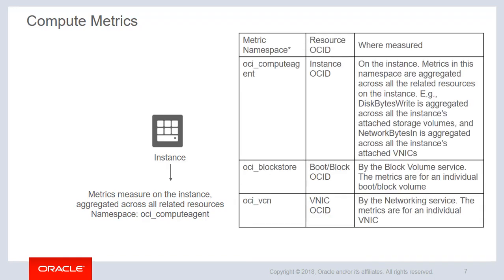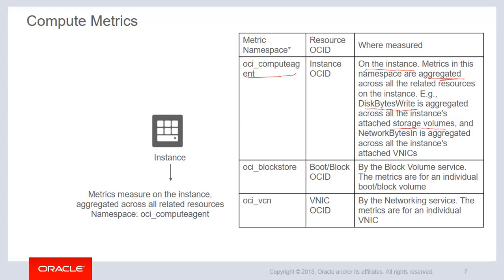So as you can see here, there is a metric called compute agent, and it's measured on the instance itself, and metrics in this namespace are aggregated across all related resources. So for example, a good example would be disk bytes written. This is aggregated across all the instance's attached storage volumes.